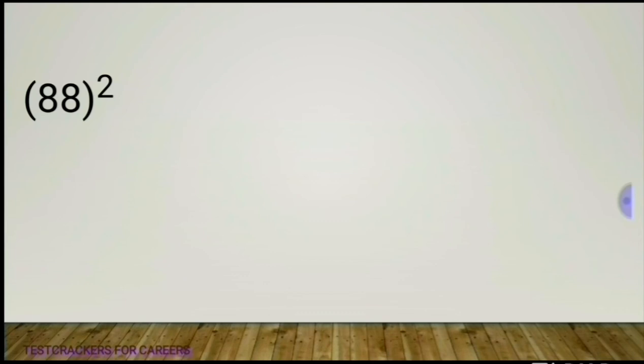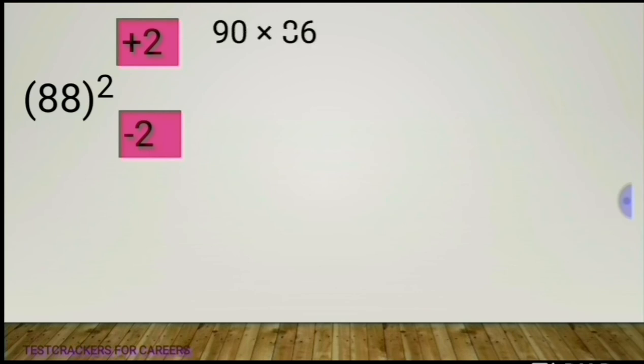Now let's find the square of 88. What is the nearest tens number to 88? It is 90 and the difference between 90 and 88 is 2. So we are going to add and subtract 2 from 88. We get 90 by 86. Since the base is 10, we divide 90 by 10.